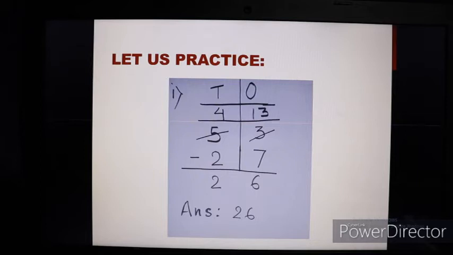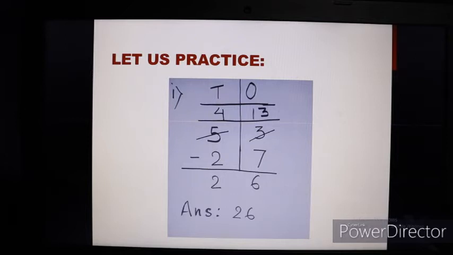Now let's practice. First, we line up the numbers vertically. After writing ones and tens, leave one line gap. Then write the numbers. Here in the ones place, the upper number is smaller than the lower number. We cannot subtract 7 from 3. So we borrow 1 from the tens place, which is 5.